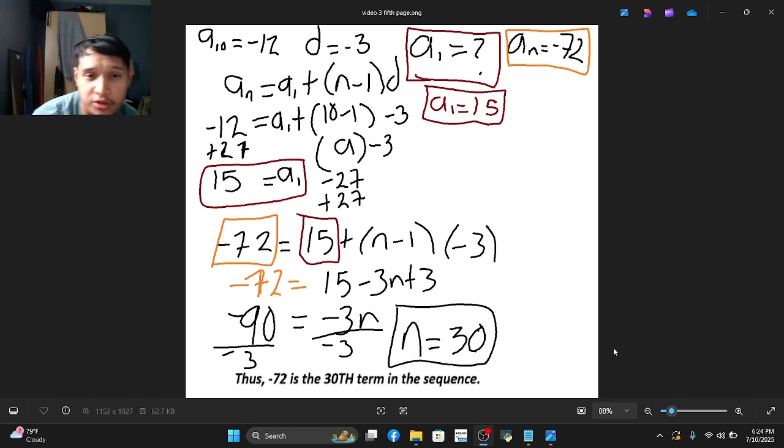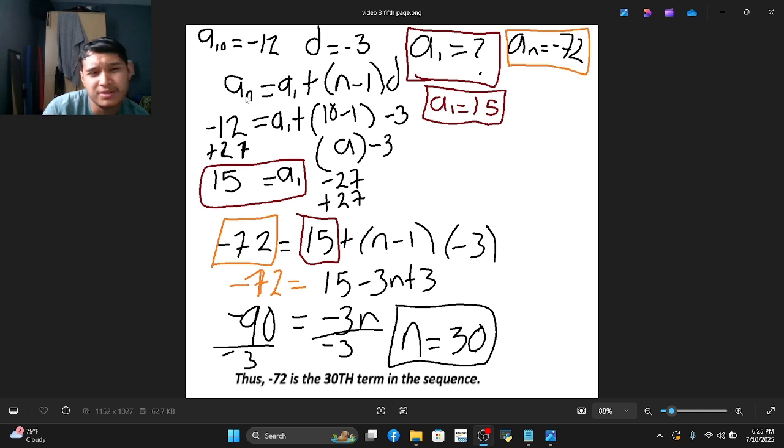We're going to use our formula for a sub n, which in this case, because we don't know what a sub 1 is at first, we need to first solve for a sub 10, because we need to have at least one term to try to see the differentiator, to find a sub 1. So that's what we're going to do right now.